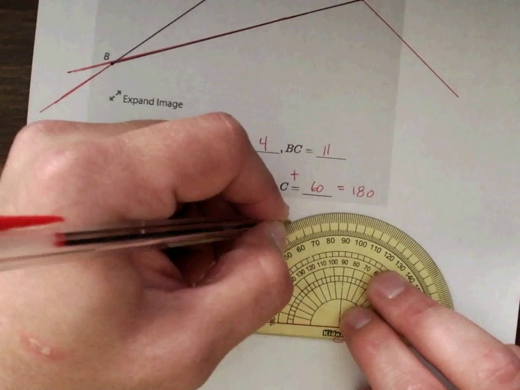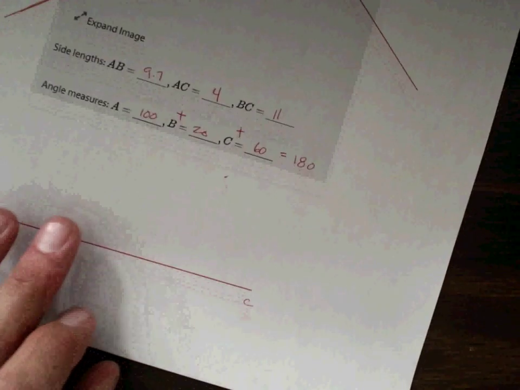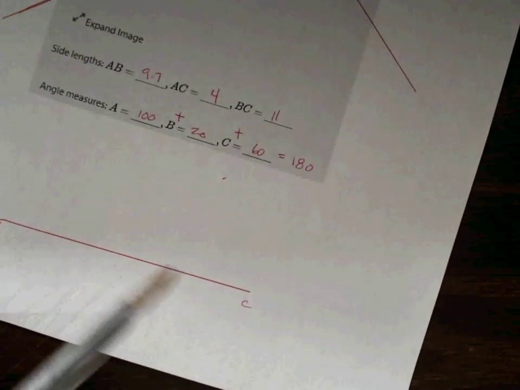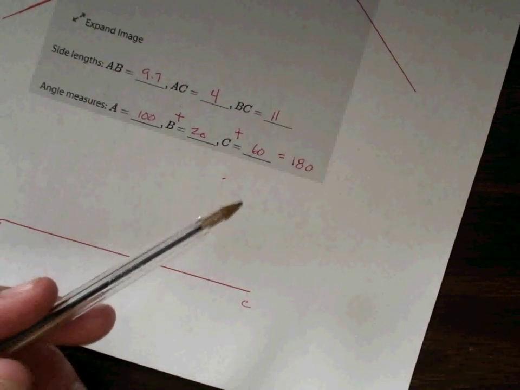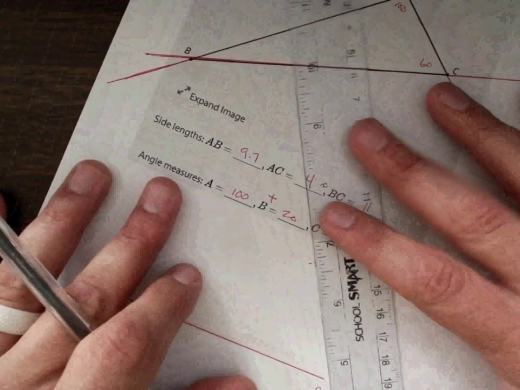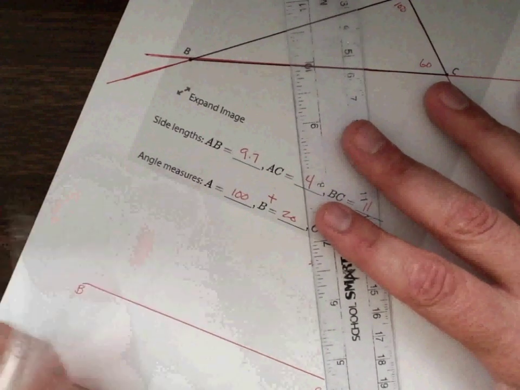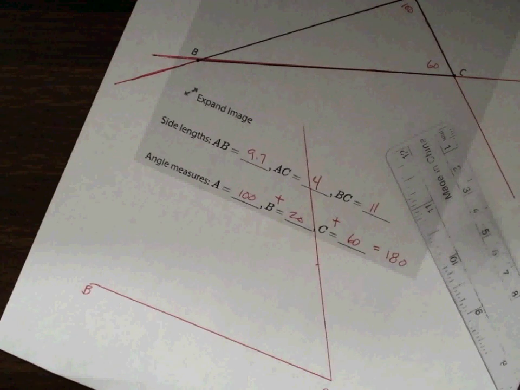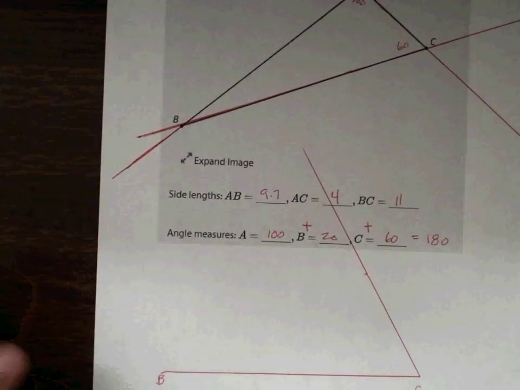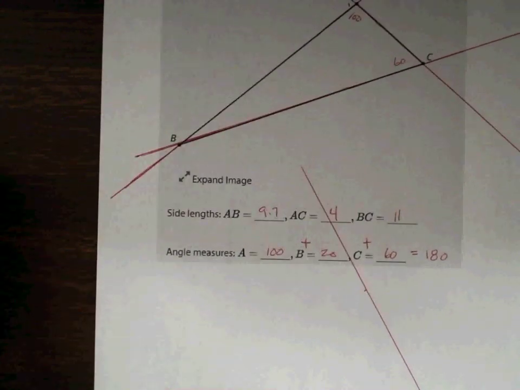And so I would put that right there. Here's the issue that I saw a lot of people having. You were trying to get the length of AC through getting the angle. I could draw it all the way out here, I could draw it all the way through there. That's not going to matter. And that's how I would use the protractor.